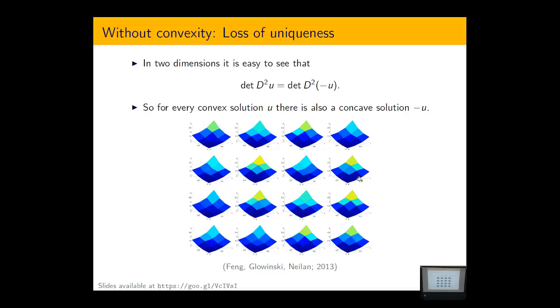Actually in 2D you can see that if U is the solution, then minus U is the solution as well, because you multiply eigenvalues and the product of 2 negative numbers is positive again. So this means that there's a uniqueness issue, and that has to do with the fact that ellipticity is only there on a smaller set.